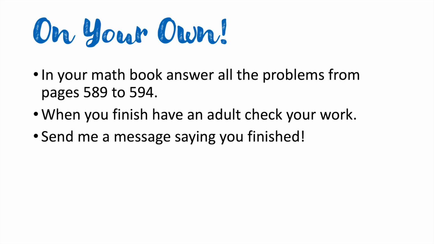Okay, so that would be 594 is the last page you do. Now, when you finish all of your work, that's 589, 590, 591, 592, 593, 594. When you finish all of your work, you're going to ask an adult to check your work. And then you could just send me a message and let me know that, hey, Mrs. Villeda, I finished working on time to the hour on the analog clock. All right?